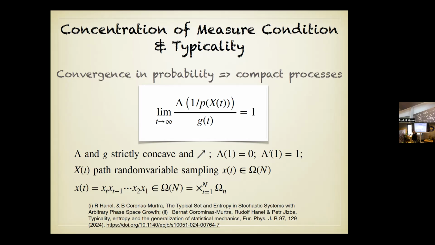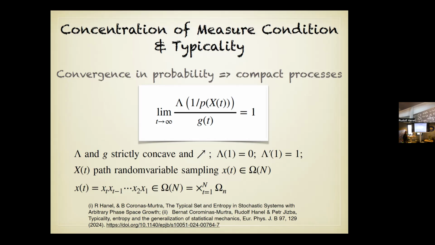If this goes to 1 in probability, meaning that for almost all sequences x of t this goes to 1, so the relative frequency of paths for which this is not true goes to 0 as t goes to infinity. That's the condition, and that is somewhat reminiscent of this here.